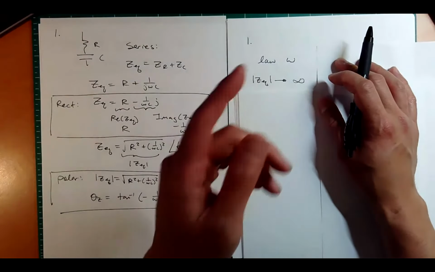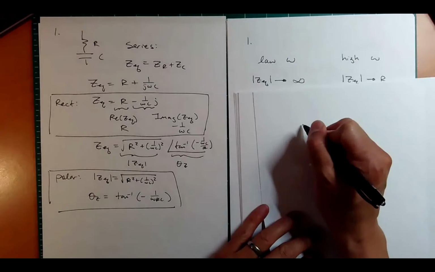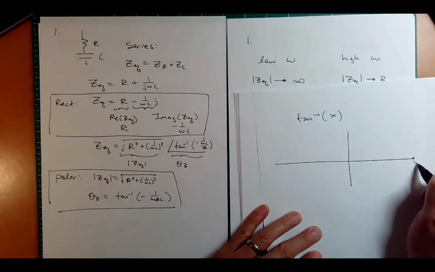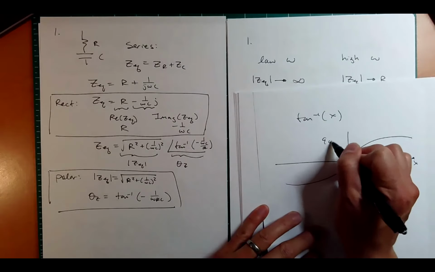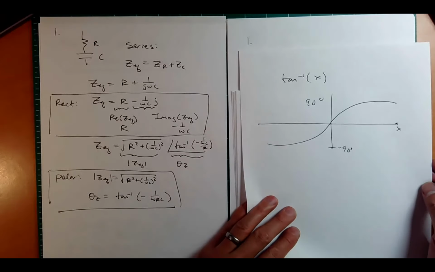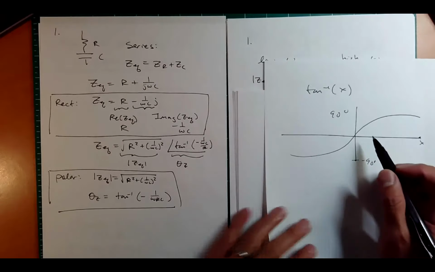Good. What about the phase? Well, if we recall our inverse tangent understanding, tan inverse of x gives you this, right? Here's x, and it goes between 90 and minus 90 degrees. As omega gets bigger, we get this thing going to 0, which is here.